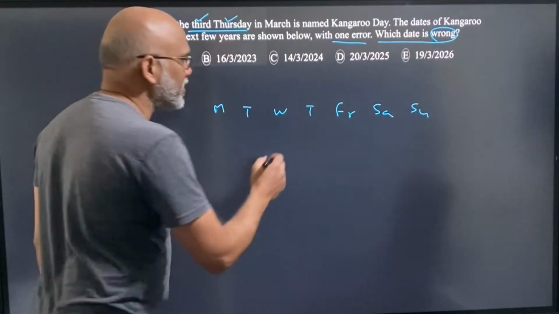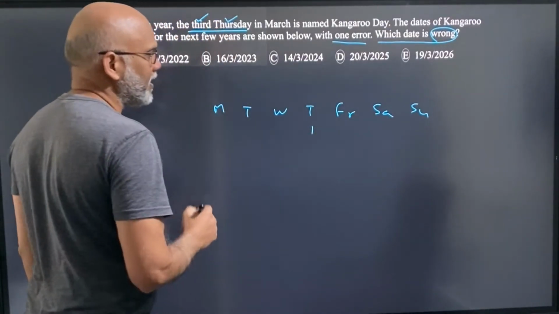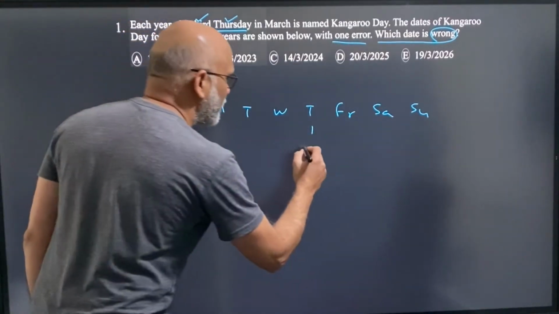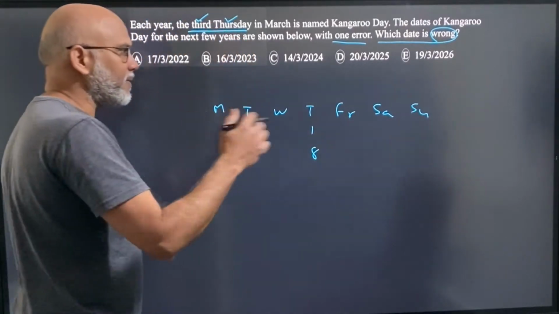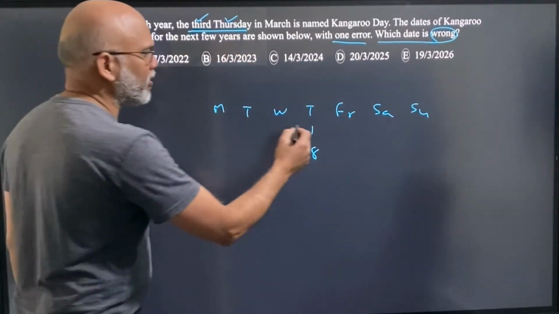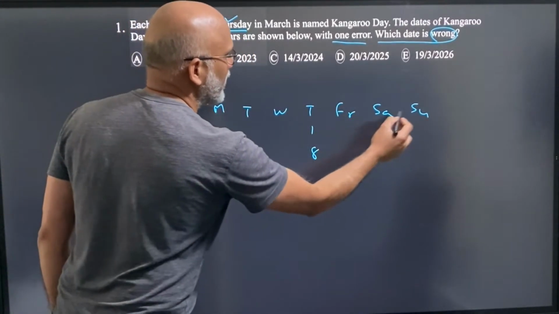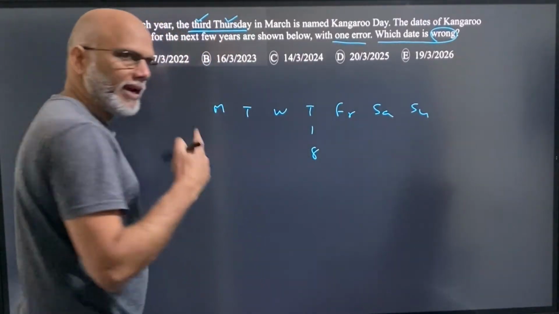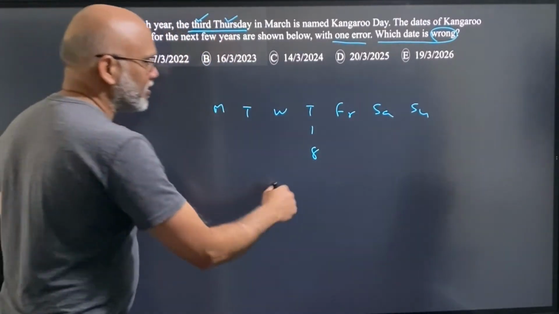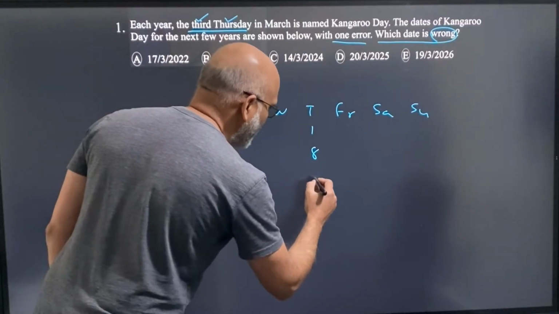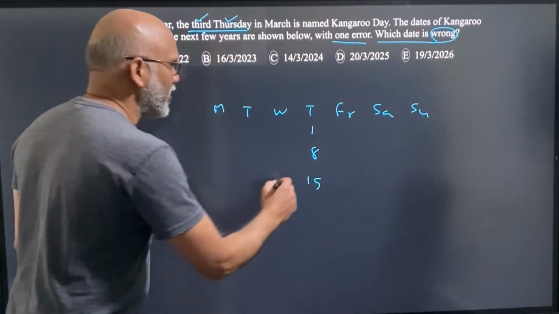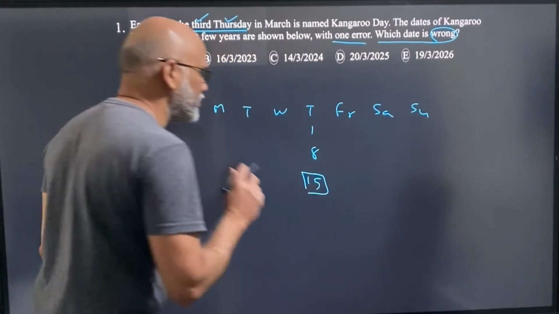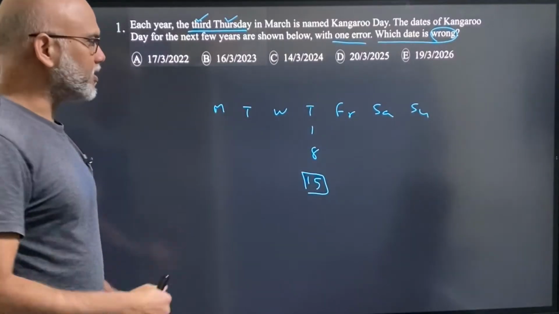First day of the month starts on a Thursday, right? And then the next Thursday will be plus 7, which is 8, because there are 7 days a week. You can also count 1, 2, 3, 4, 5, 6, 7, 8, right? You can verify like that. And then the third Thursday will be plus 7 again, which is 15, all right? So this is the least possible date for a day to be third Thursday.